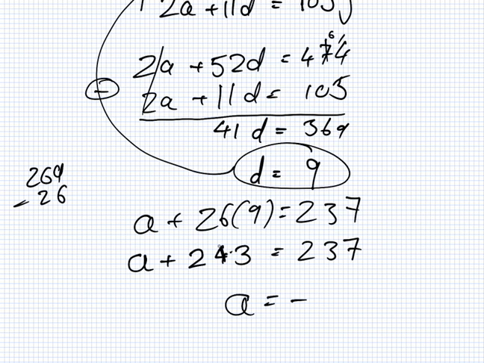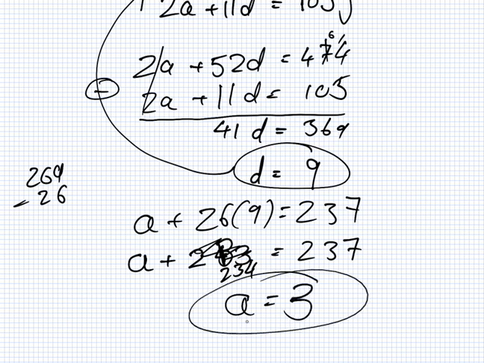Is it? Yeah. Alright. A plus 234 equals 237. So then A is equal to 3.